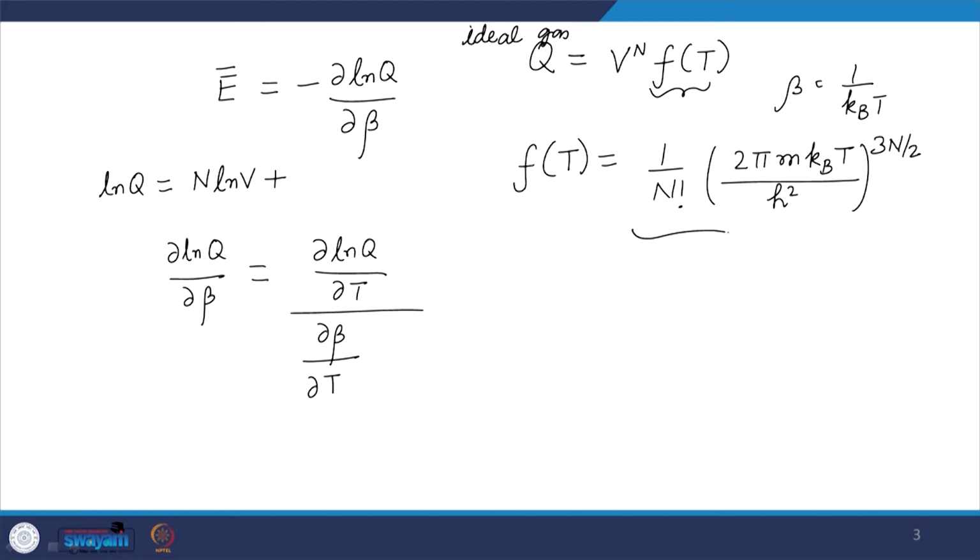and f, if you look at it, since I am interested in only the temperature, that will only give me a derivative with respect to beta or temperature.